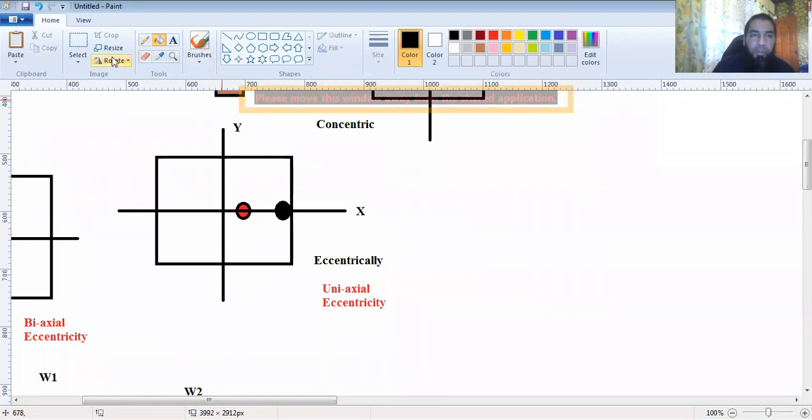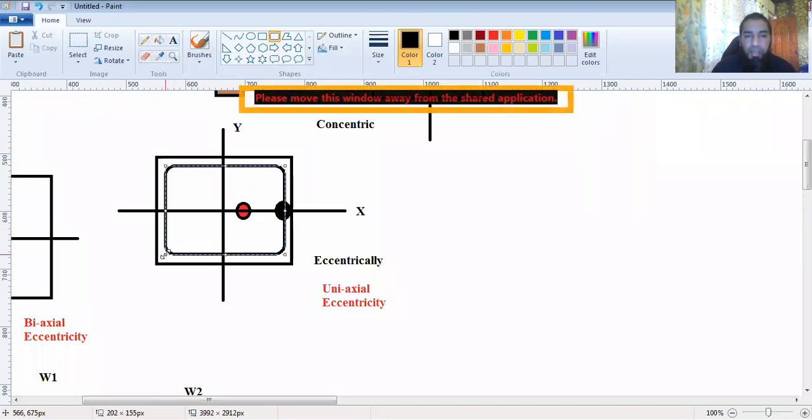Why? Because the column has its own ring, and the load transferring mechanism is through stirrups and through longitudinal bars, which are placed through the length of the column.